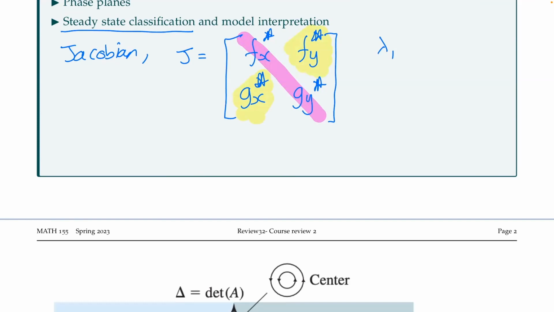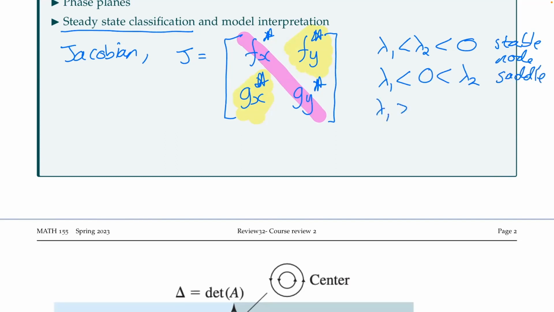If both lambda 1 and lambda 2 are less than 0, then you have a stable node. If you've got one positive and one negative, you have a saddle. And if they're both positive, then you have an unstable node. Note that in this case, we can't end up with complex eigenvalues. You can read them off straight away.